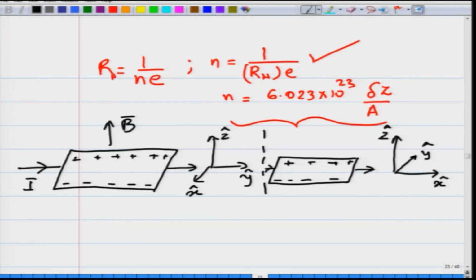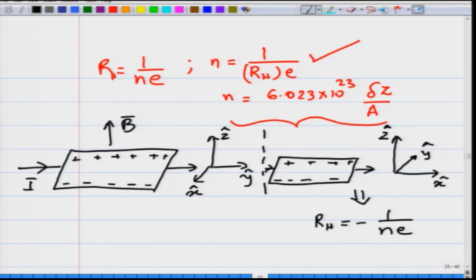So, from this choice I move to this choice, and now I will get an electric field which is the longitudinal electric field along x, and the transverse electric field will be along the minus y direction. And for the electrons moving inside the material and undergoing the deflection, if I calculate RH, it will be minus 1 over Ne.